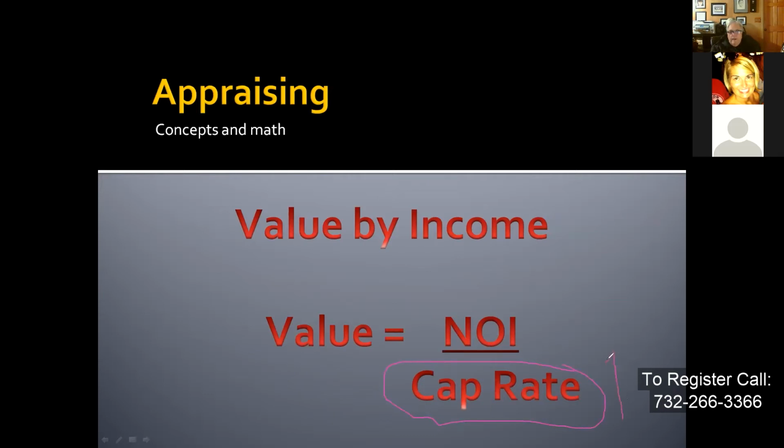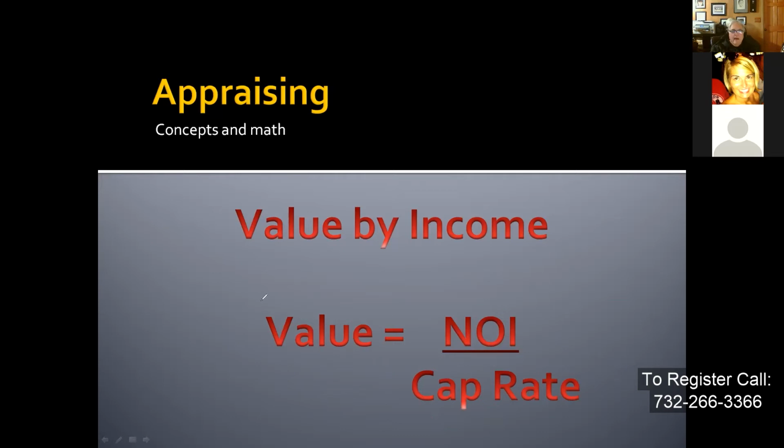If our cap rate goes up, what happens to our value? The value's on the top over here, the cap rate's on the bottom over here, so they're inverse relationships. So if the cap rate goes up, the value goes down, okay? Because they're inverse relationships. Quite often they'll ask you, what happens if the cap rate goes up?